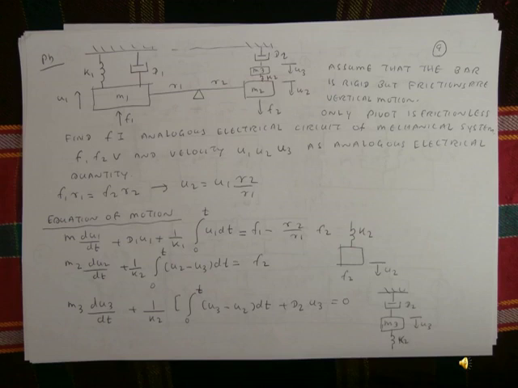The motion equations can be represented as follows. M du1 by dt plus D1 U1 plus 1 by K1 integration 0 to t U1 dt equals F1 minus R2 divided by R1 F2.